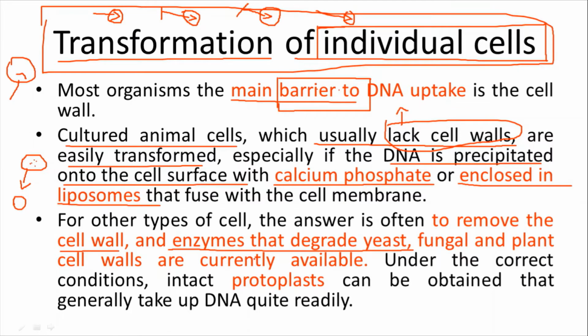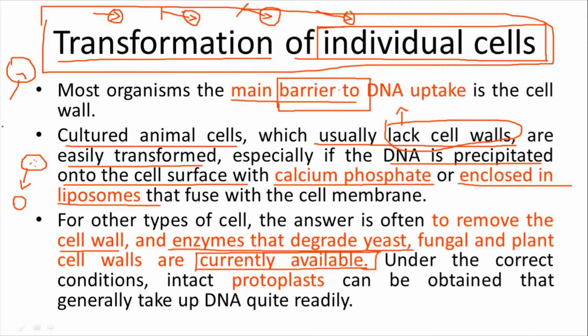Why we do this is just to compare the transformation. If we transfer the DNA into the bacteria, we have competent cells. Similarly, here we introduce the recombinant DNA into either a plant cell or an animal cell. First we convert it into protoplast, either plant cell converted to protoplast or animal cells converted into protoplast.